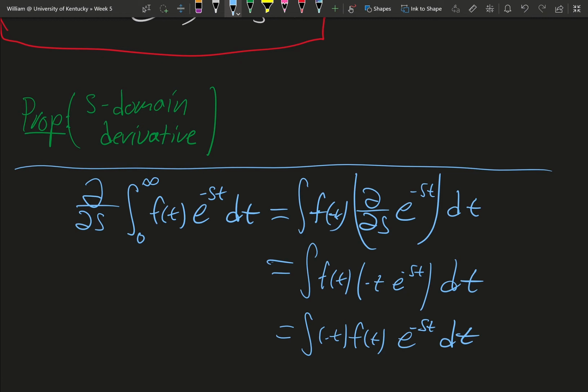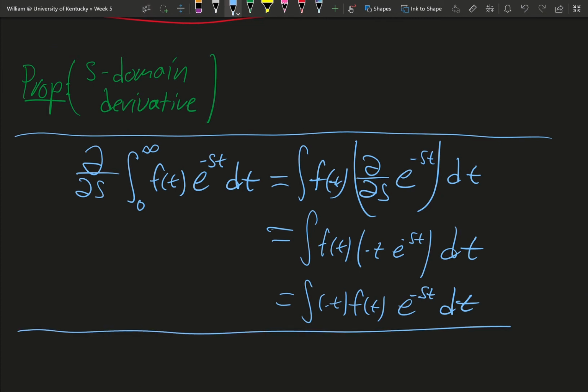Right? And so I get my answer here that if I take the partial derivative with respect to s of this, I get f prime of s is equal to the Laplace transform of negative t f of t.